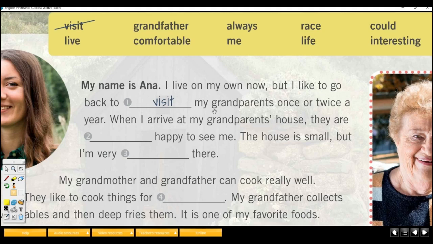But I like to go back to visit my grandparents once or twice a year. 그런데 1년 한 번이나 두 번 할머니 할아버지 집 다시 방문 가기 좋아했습니다. I like to go back and visit my grandparents.